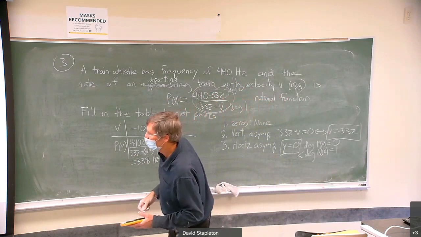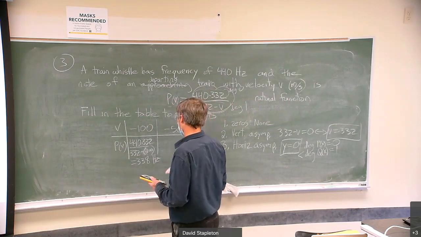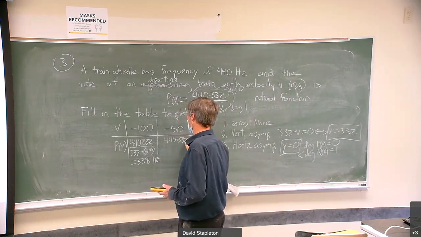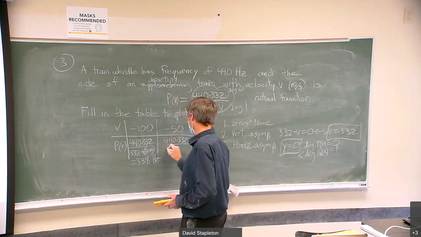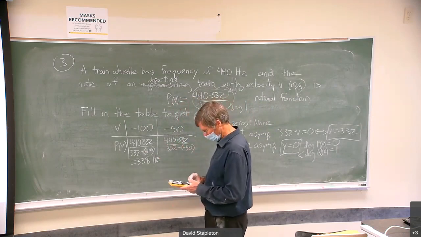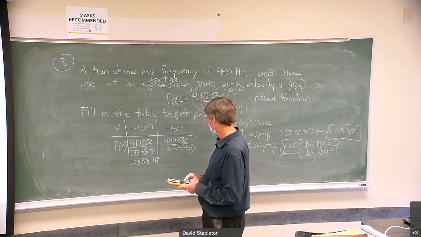Now suppose the train is only traveling at minus 50 meters per second. Then I've got 440 times 332 over 332 minus a minus 50. So it's 440 times 332 divided by 382.